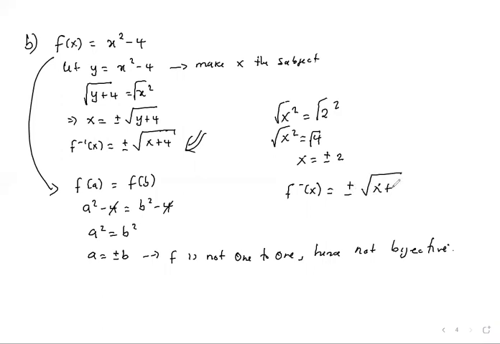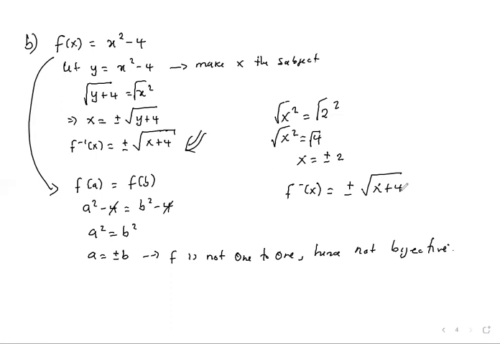It's saying my inverse is either the root of x plus 4 or negative the root of x plus 4, so I don't know which inverse to use. I'll be using the inverse given conditions. So I'm saying it's not a normal inverse.